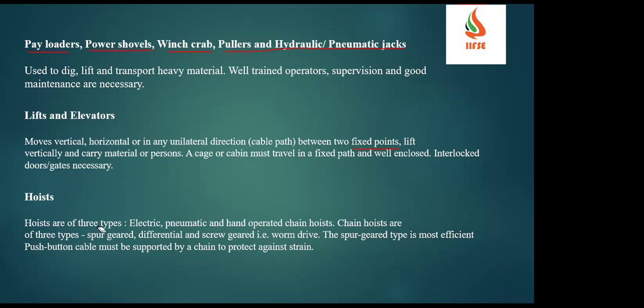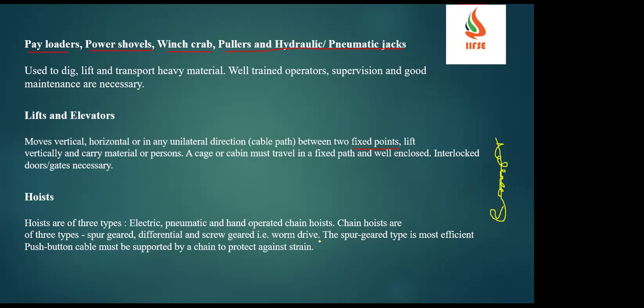Then hoists. Hoists are of 3 types: electric, pneumatic, and hand-operated chain hoist. A hoist is just like a hook with a wire rope or chain sling that it is equipped with. Chain hoists are of three types: spur gear, differential, and screw gear and worm device.